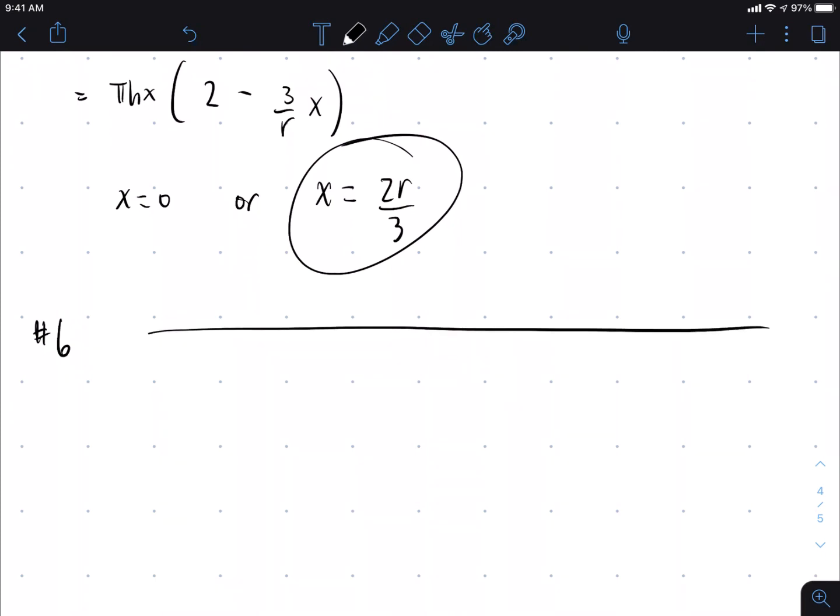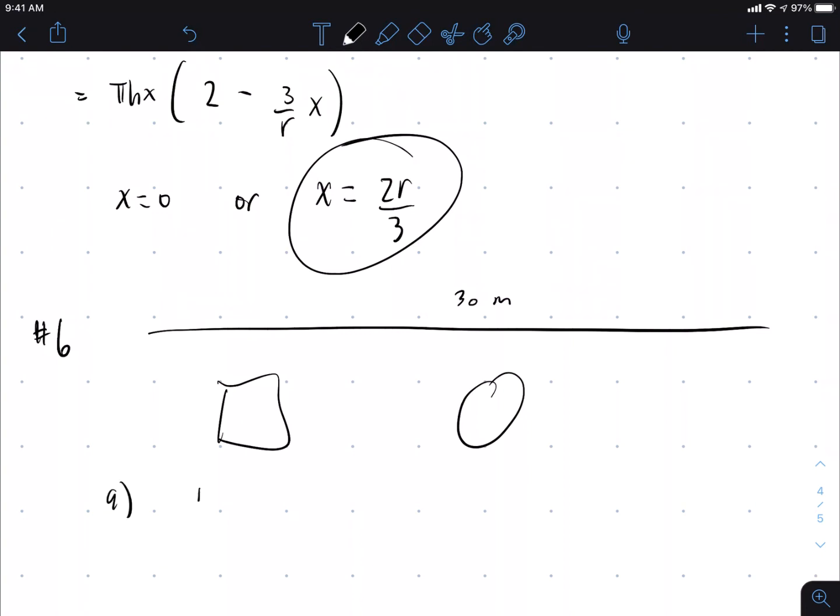So we have some wire, it's 30 meters long, and it's cut into 2 pieces. One piece is bent into a square, and the other is put into a circle. So how much wire should be used for the square in order to maximize area?